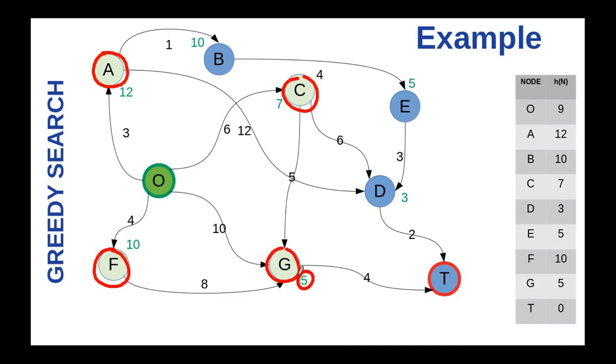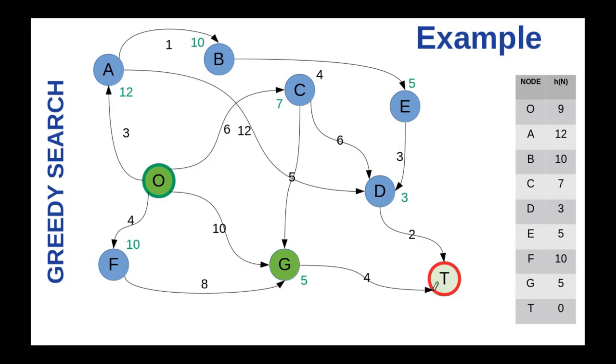So for the next step, we choose G. Now we forget about the previous neighbors, and we now focus on the neighbors of the actual node, that is G. G has only a single neighbor, which is T, the target, to be reached, and then obviously the target has a heuristics of 0.